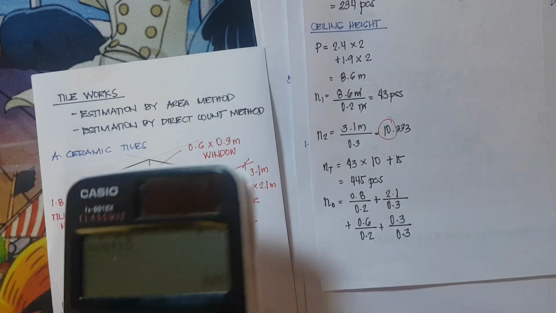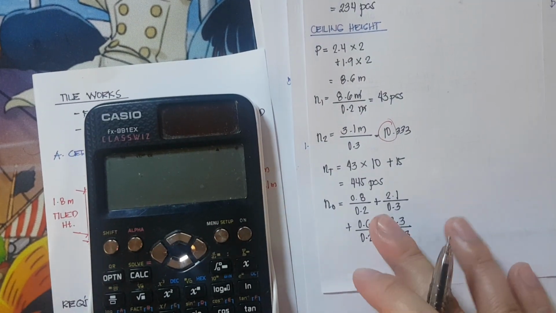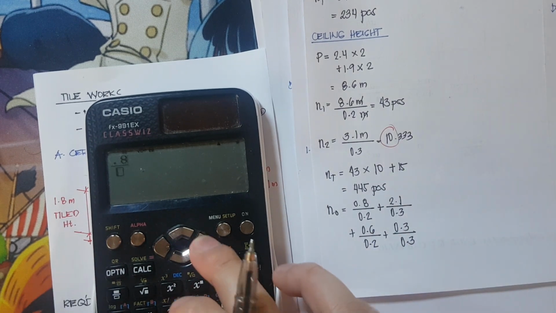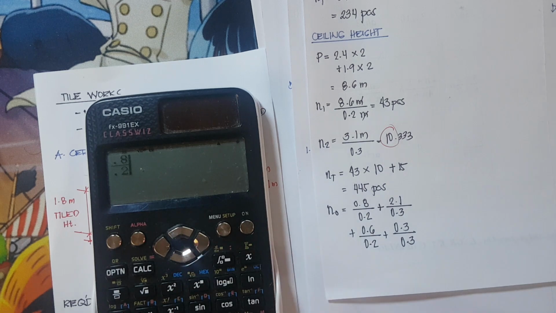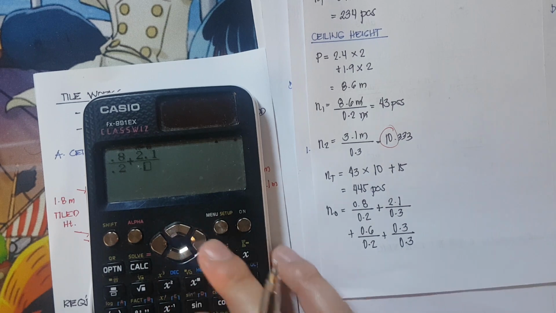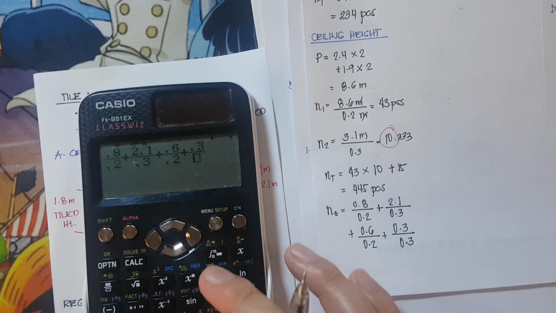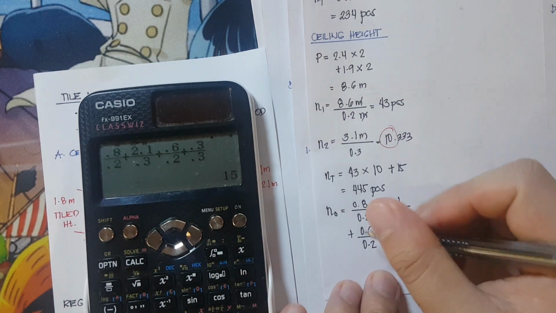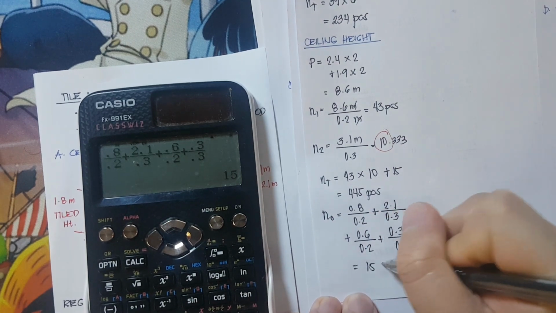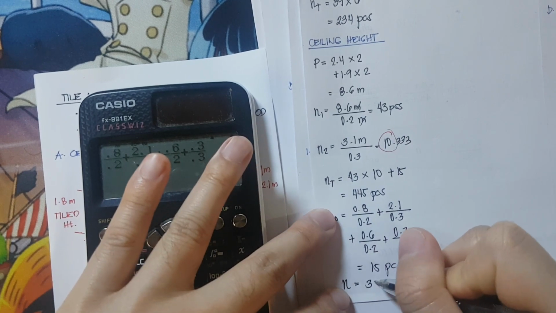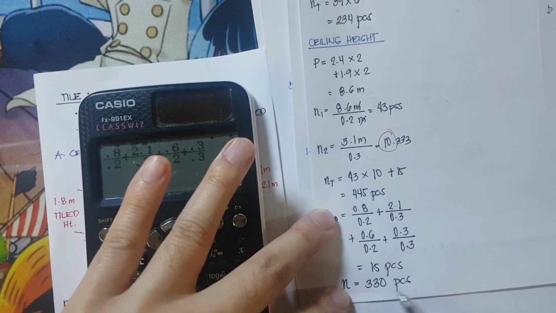So, ilang tiles yan? And that is equivalent to 15 pieces. Therefore, N is equivalent to 330 pieces.